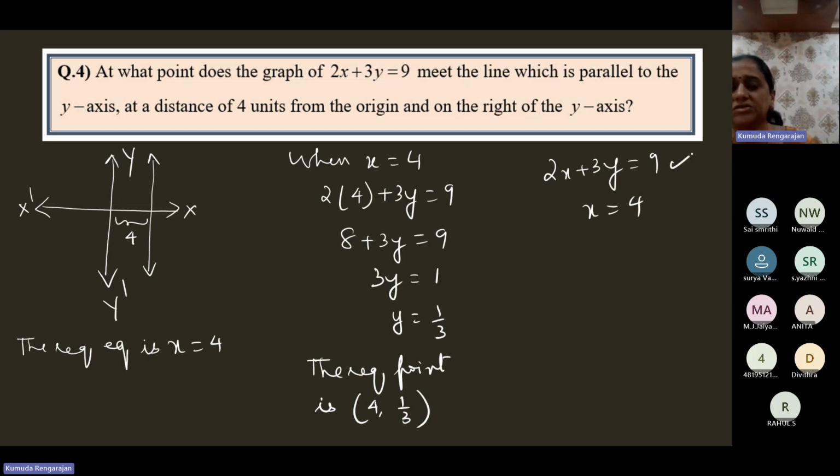The other equation is x is equal to 4. Where do they intersect in the Cartesian plane? They meet at the point 4, 1 by 3.